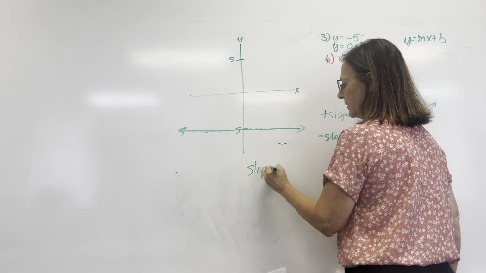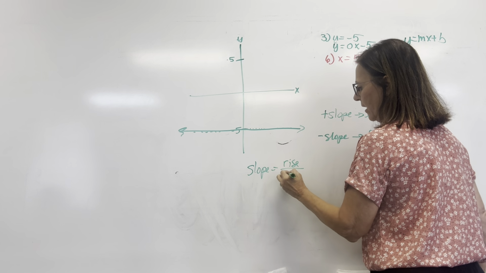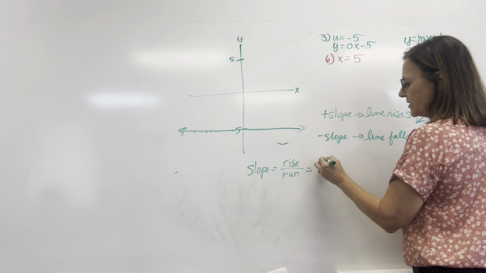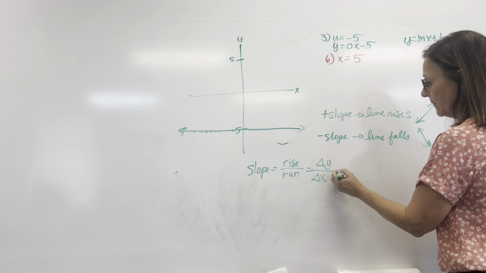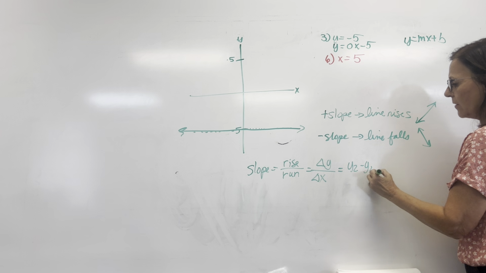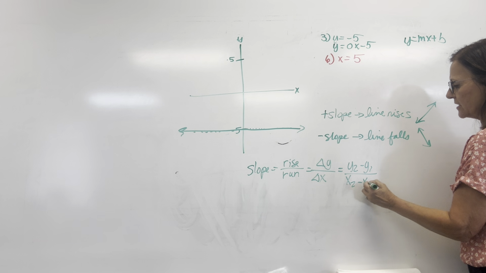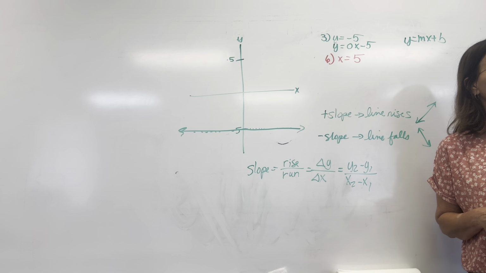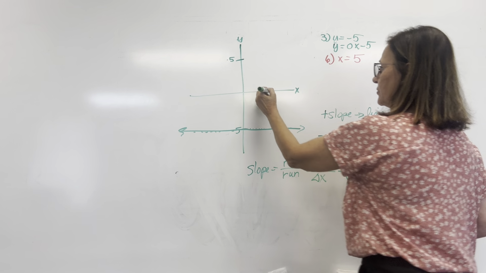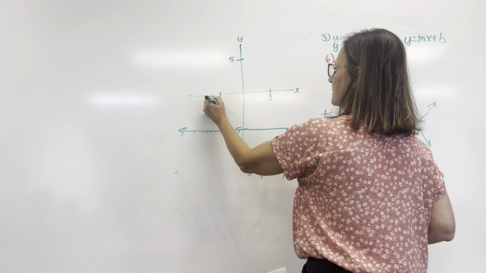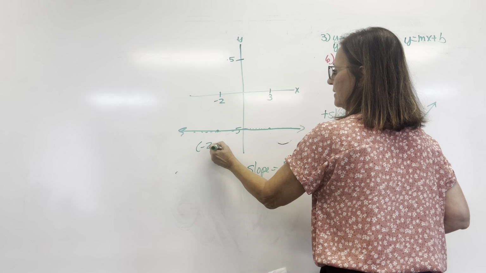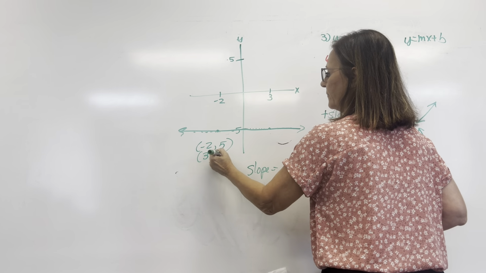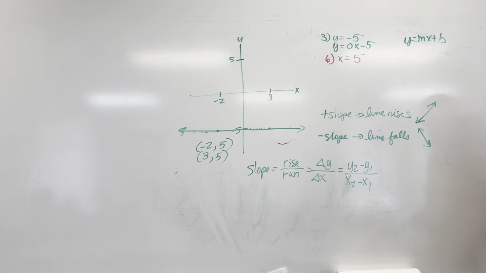The slope is the rise over the run, or the change in y over the change in x, or y2 minus y1 over x2 minus x1. If I had 2 sets of coordinate points, I could pick negative 2, 5 and 3, 5, and substitute them in to calculate the slope.